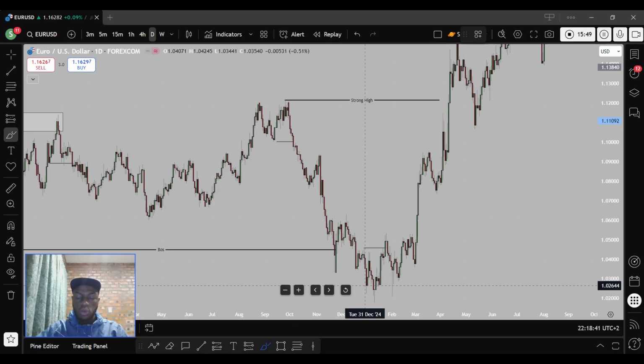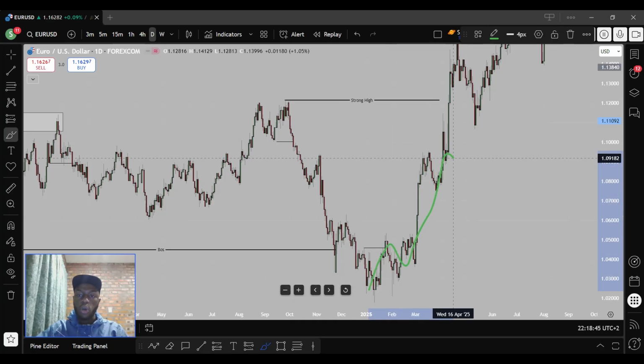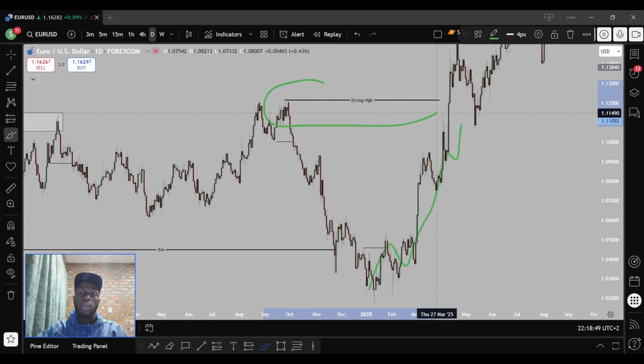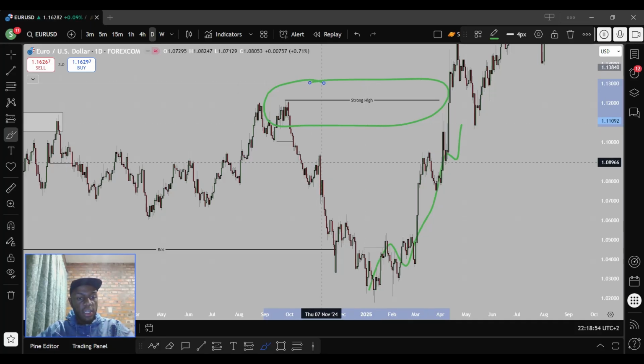Internal structure switched bullish to facilitate our pullback. We got our pullback. What did price do? It violated our strong high, right? Since it violated our strong high, what do we say? If our strong high gets broken, that's a signal of trend change.